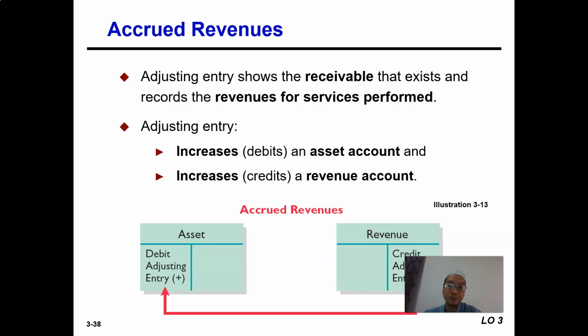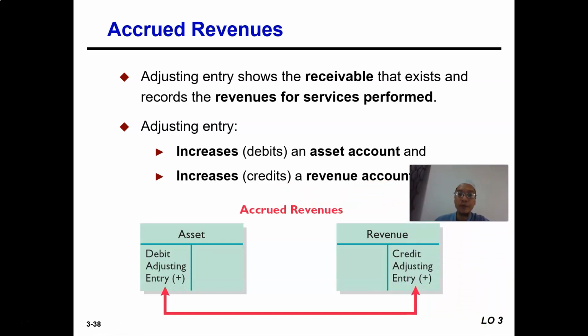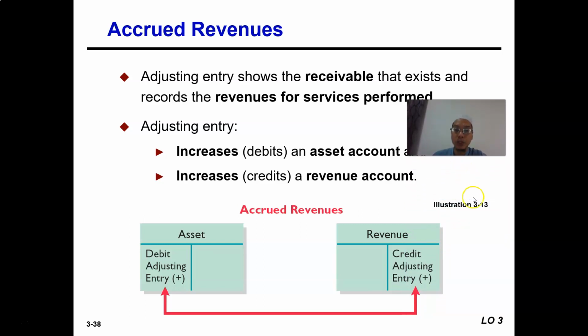So the adjusting entry is to increase an asset account, because we expect future benefit, and to increase our revenue account, because we have done work and therefore have income from it. We debit our asset and we credit our revenue.